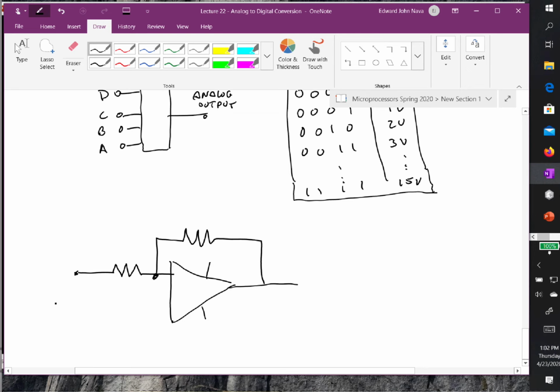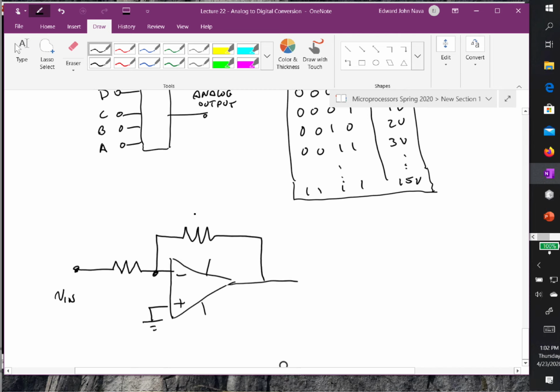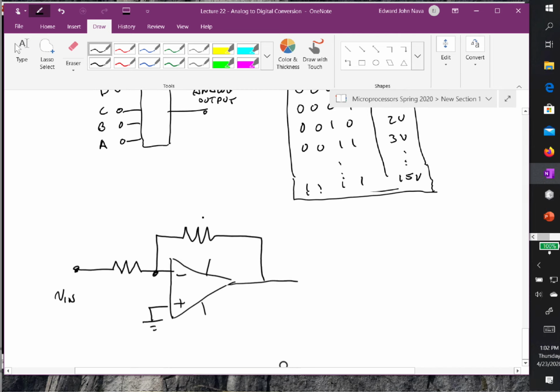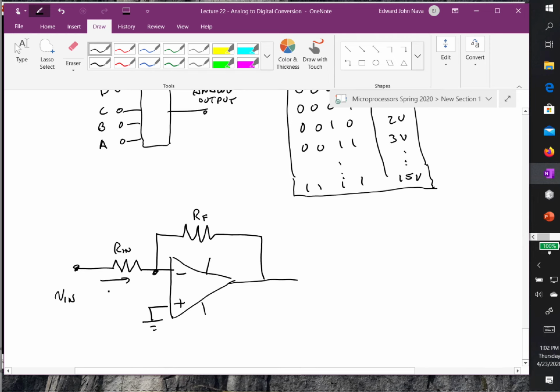So here's my VN, here's my minus and plus, and here's RF and RN. So here's I1 or IN, and here's I feedback, and here's V out.